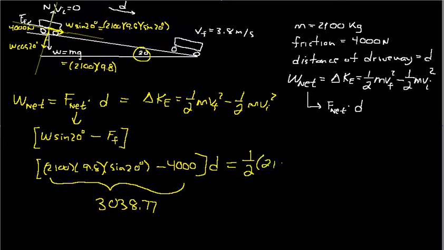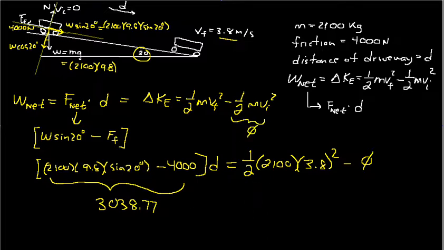Now we've got 1/2 mass. The mass is 2100 kilograms. V final is 3.8 meters per second, squared. That's what we said V final was. V initial was 0. It started from rest, so this is minus 0 because V initial is 0. So this term, 1/2 m V initial squared, the whole thing is going to drop out and be 0.